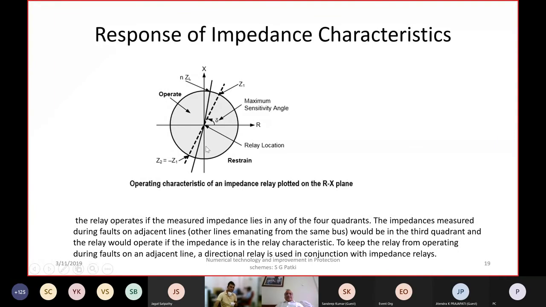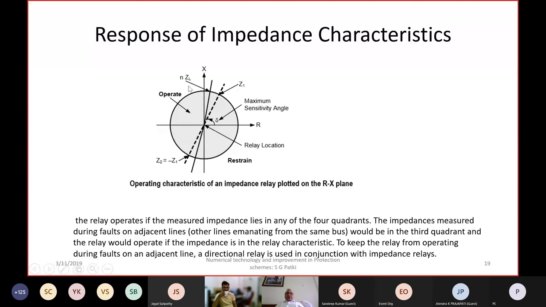So you used to get a circular characteristic naturally. Now this circular characteristic, if you apply it to the transmission line, for example, this would be a transmission line depending on the line angle somewhere here. Now, this is the transmission line you want to protect.